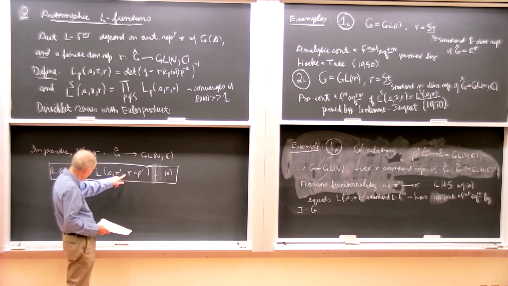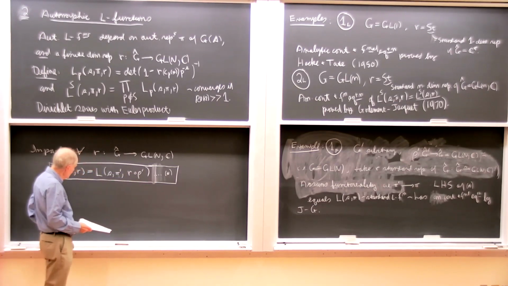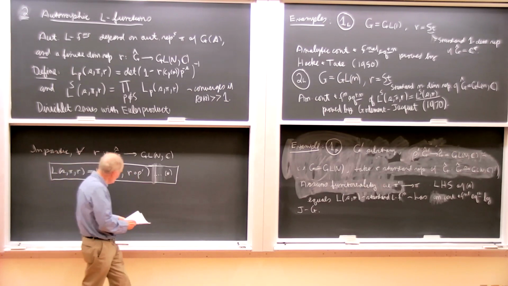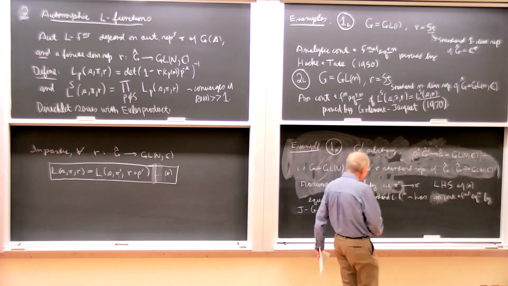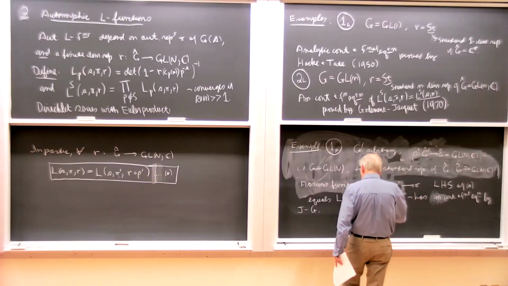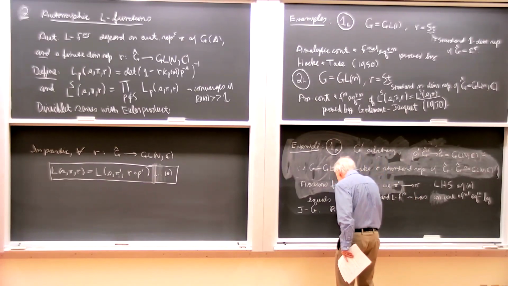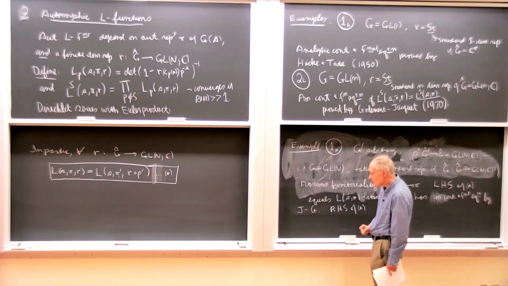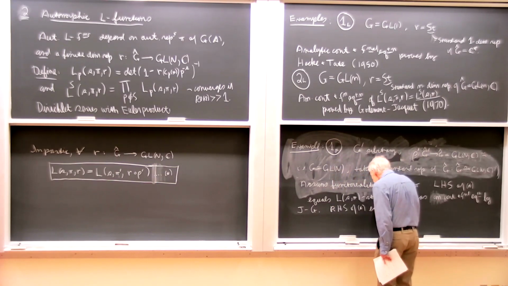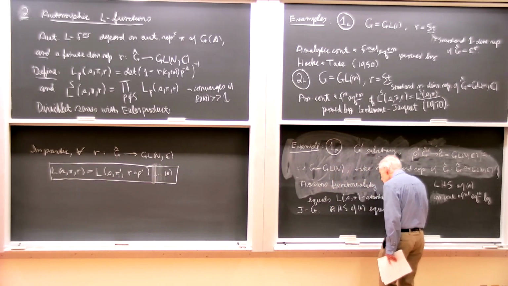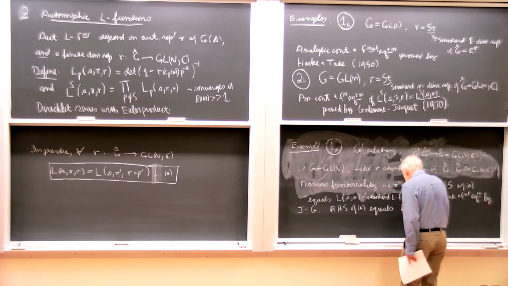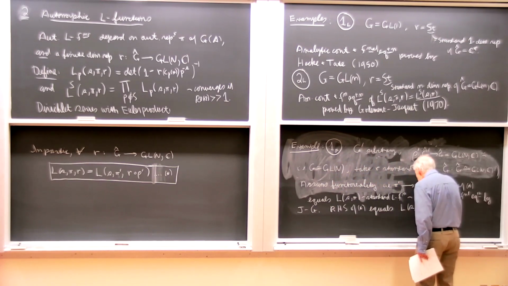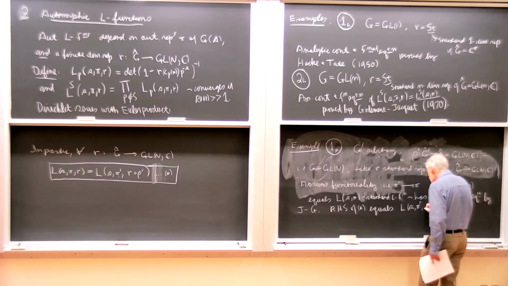The right-hand side of star, because R is the standard representation, just equals L(s, pi prime, rho prime).